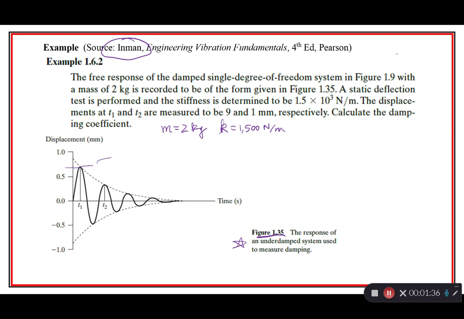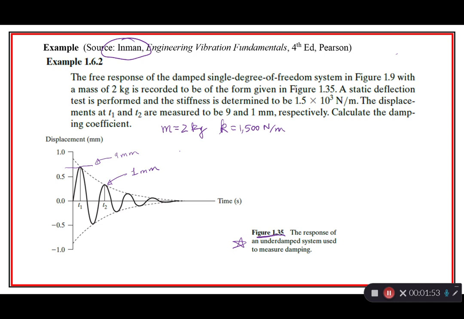But right in here, they're saying at that point we get 9 millimeters, and here we get 1 millimeter. They don't tell us anything else besides that.